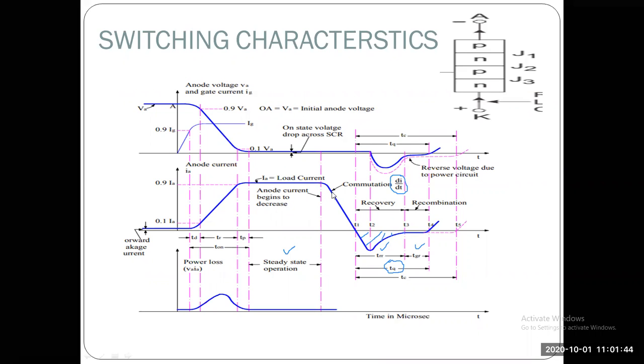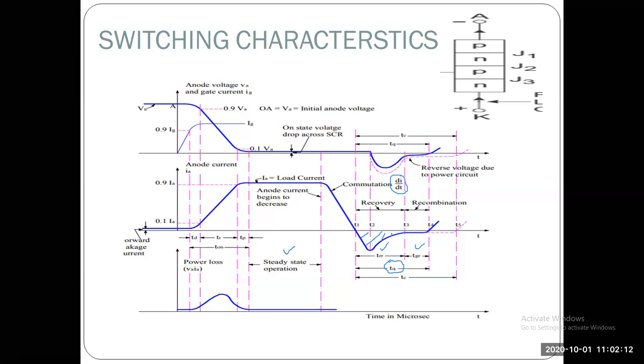And the second one is the rate of change of anode current. That decides the fastness. If you see the graph here, the di/dt rate decides the time period. The maximum part is decided by the di/dt rate of change of anode current, that is, how much the current is changing with respect to time.